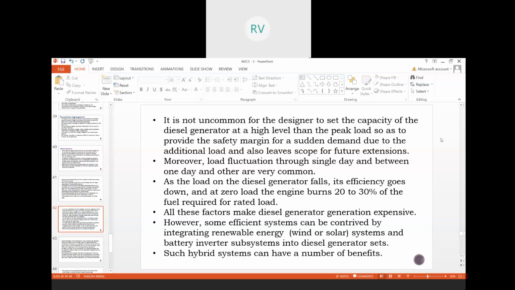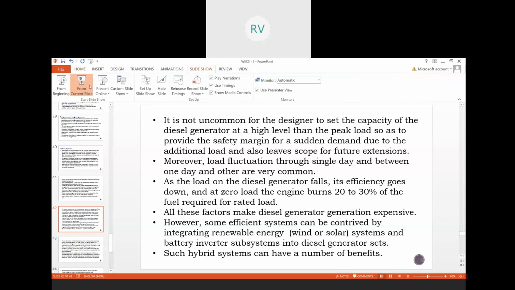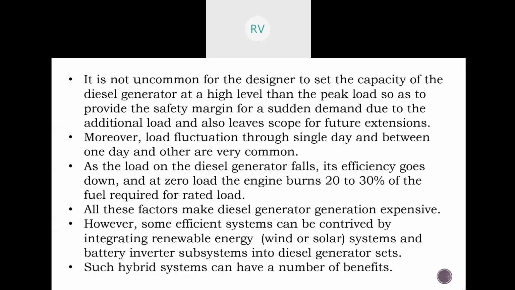As the load on the diesel engine falls, its efficiency goes down, and at zero load, the engine burns 20 to 30% of the fuel required for the rated load. So even if the load decreases, even at zero load condition, the diesel engine will be burning around 20 to 30% of the fuel.